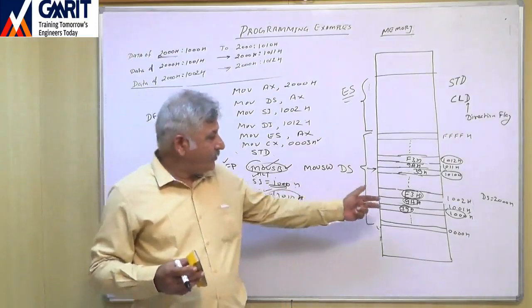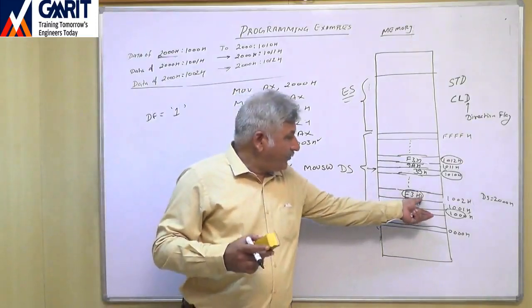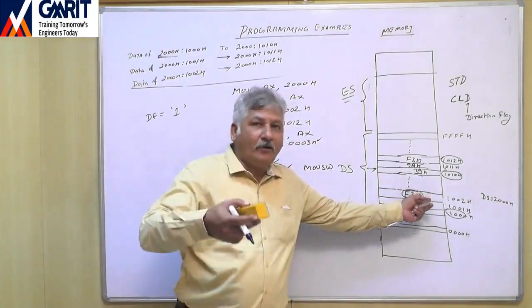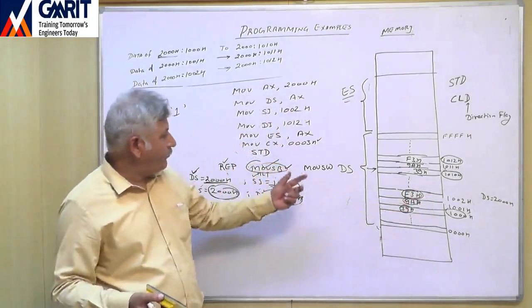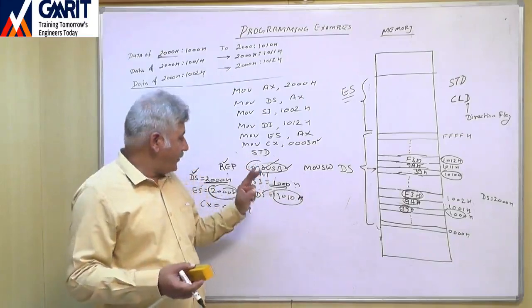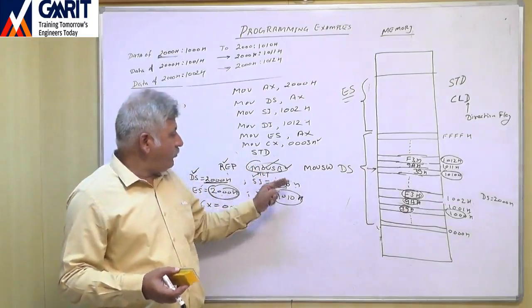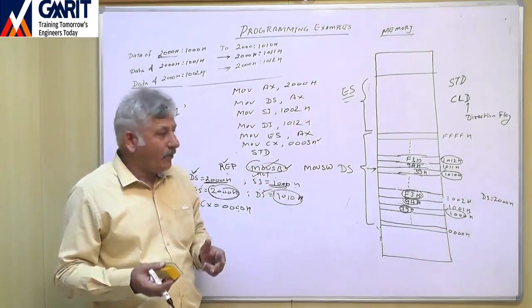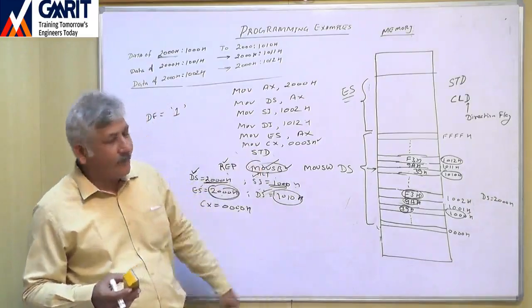Because once one word is transferred, the next word will be after 2 memory locations only. That's why, in case of move string word, SI and DI will be increased or decreased by 2. Remaining things will remain the same.